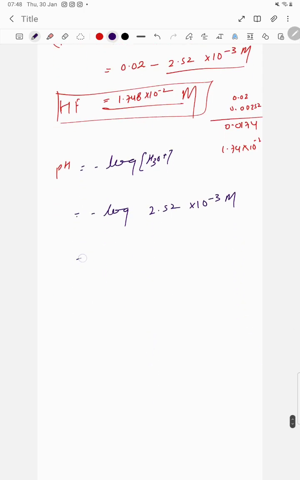Now log of A into B is log A plus log B. So minus, here is log 2.52 plus log 10 power minus 3.